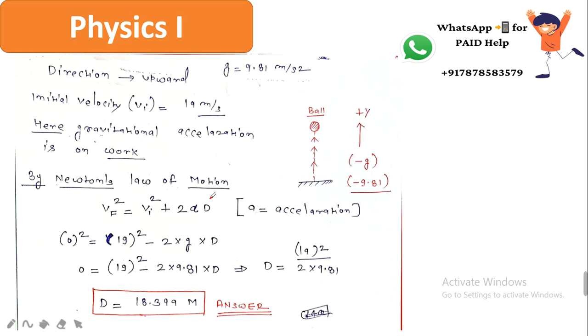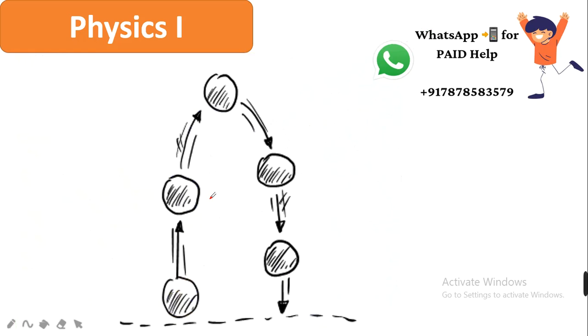First you need to understand a concept. Suppose we are throwing a ball in the upward direction. The ball will rise like this, it will go to a higher side, and there will be a point where the ball reaches its maximum height.